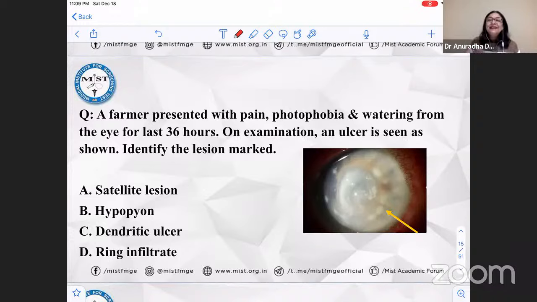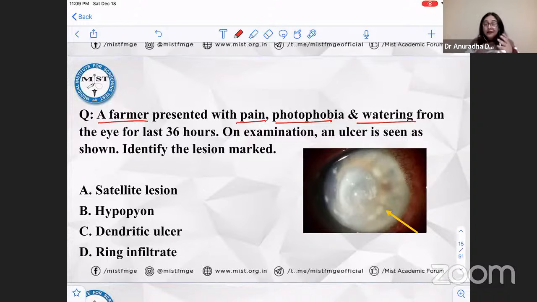So what were the keywords here? Let's go through the keywords. Farmer. So farmer means he is prone to trauma with vegetative matter. Then he is having pain, photophobia, watering. Pain, photophobia, watering usually occurs in 3 conditions: when there is corneal ulcer, it can occur in acute angle closure glaucoma, or it can occur in the cases of uveitis.